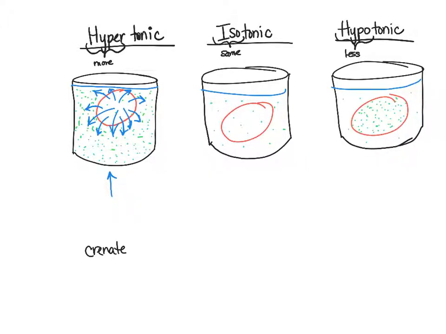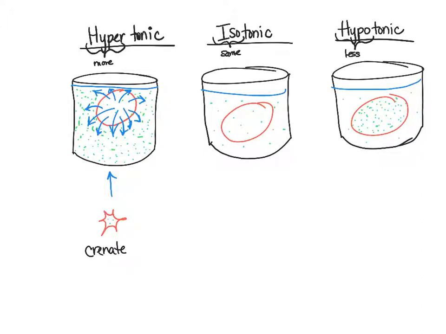So the cell crenates, and it ends up being this spiky looking, tiny blood cell. It has crenated because it's basically shrunk down. It's lost all of its water, and it's just this plasma membrane with very little water on the inside because of the solute concentration and our osmosis, our water moving.